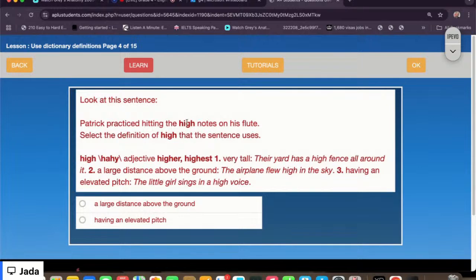So: Patrick practiced hitting the high notes on his flute. So you have to select the definition of high that the sentence uses. Is it a large distance above the ground, or having an elevated pitch? Which of these is the right one?